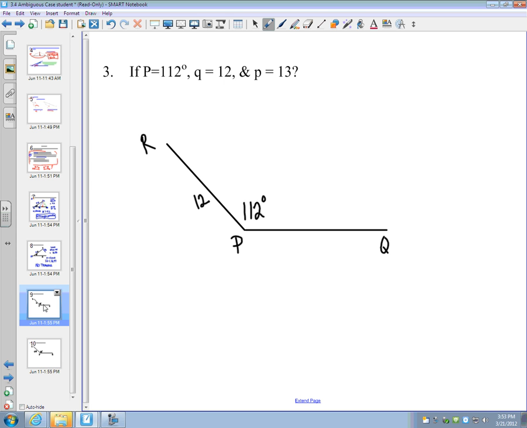Next up, if P equals 112, Q equals 12, and side length P is 13. Right away, I see that I'm dealing with an obtuse angle, so there's only two possibilities here. Let's rename this as A. So side length A is 13, and B is 12.